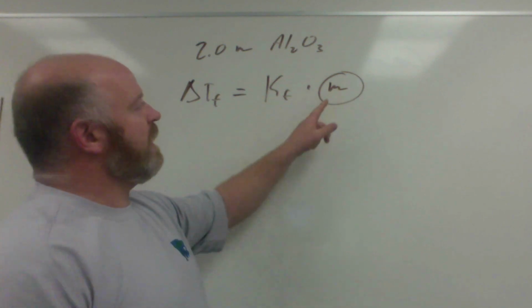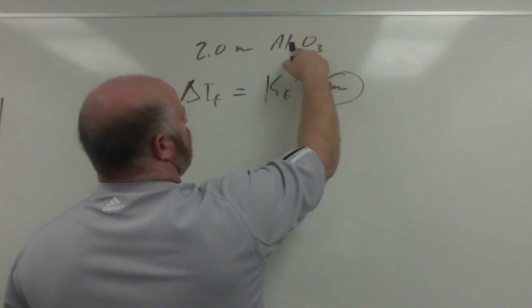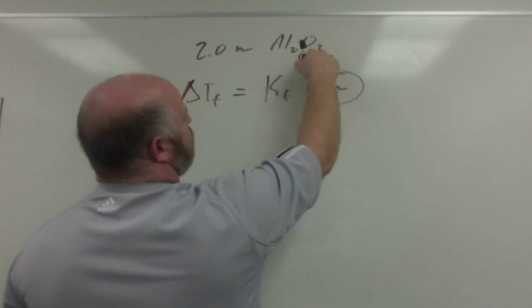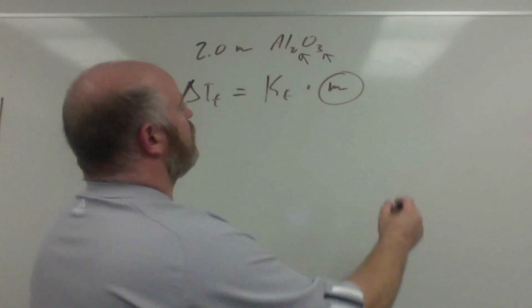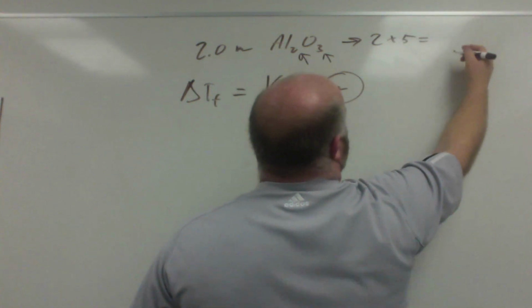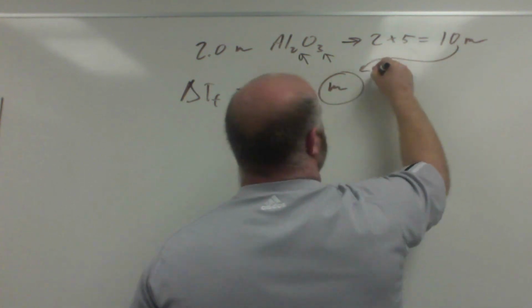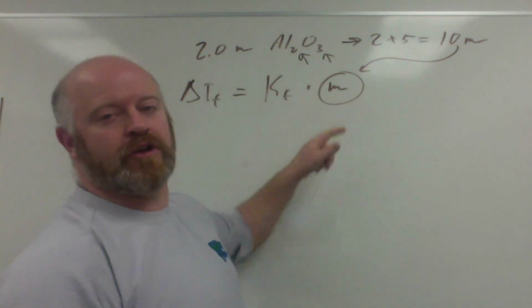Now my effective molality, though, is not 2, because I have 1, 2, 3, 4, 5 ions here. So I have 2 times 5. So I basically have the equivalent of a 10 molality solution. So that's the number that goes into our equation.